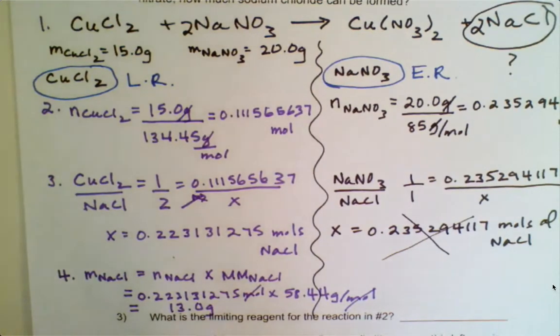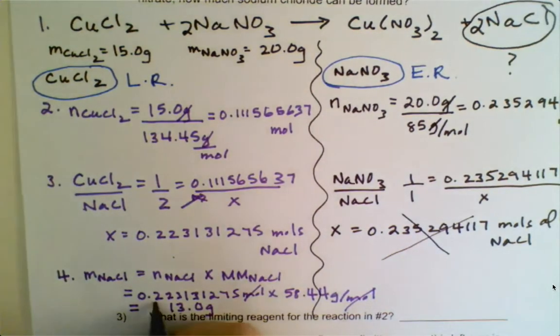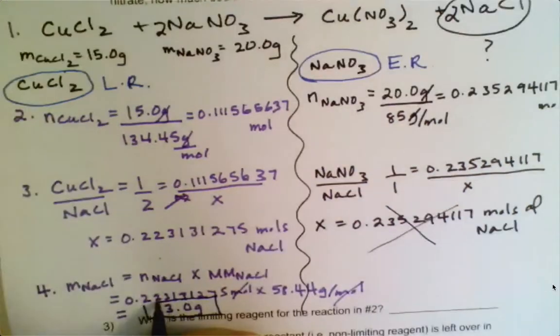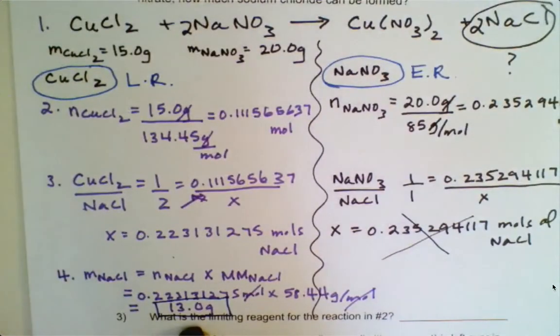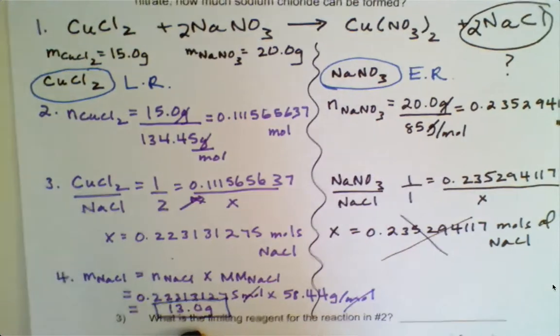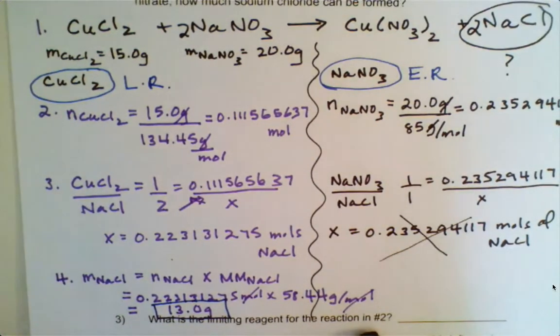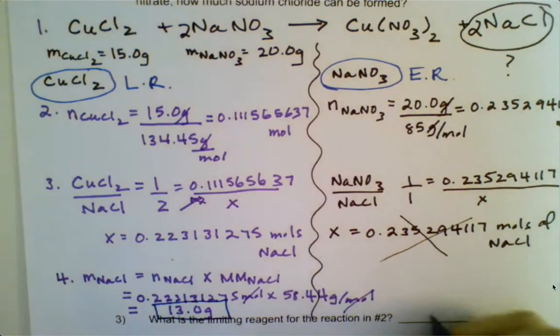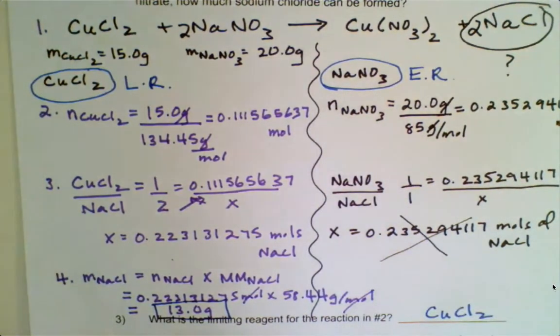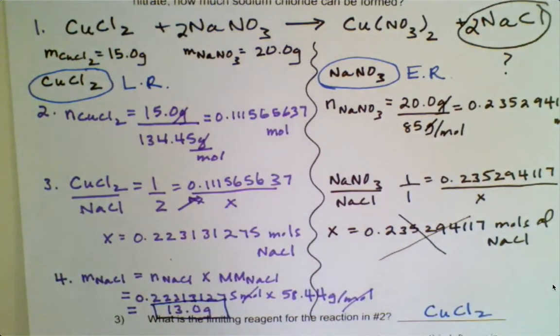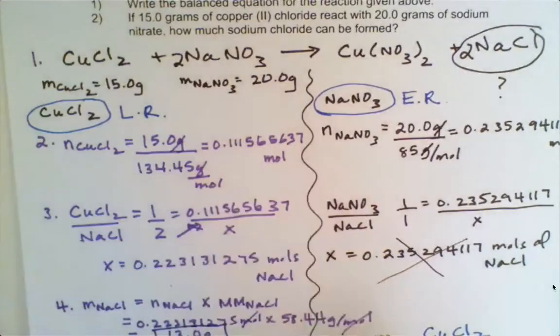So this happens to be, and I'm just going to put a nice big box, the theoretical yield of sodium chloride. The limiting reactant, or reagent, we can call it, in this reaction is copper 2 chloride. Okay, and we know that that is how much sodium chloride we can make given the above masses.